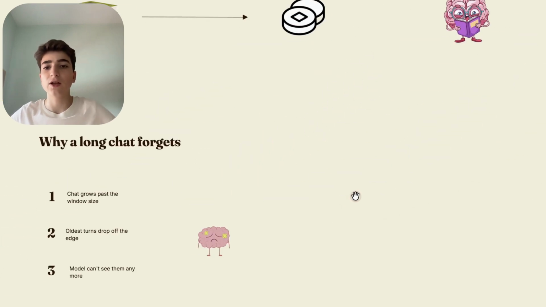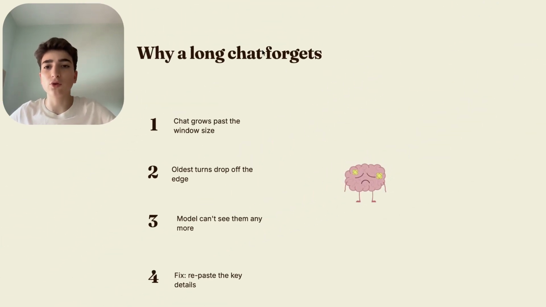So now we are going to look at why a long chat forgets, because maybe you have already tried and you have burned all the context window and then it starts forgetting things you said at the beginning and you get frustrated. So why does a long chat forget?